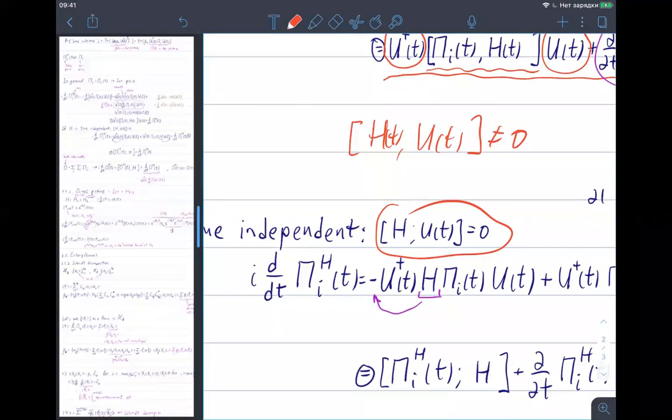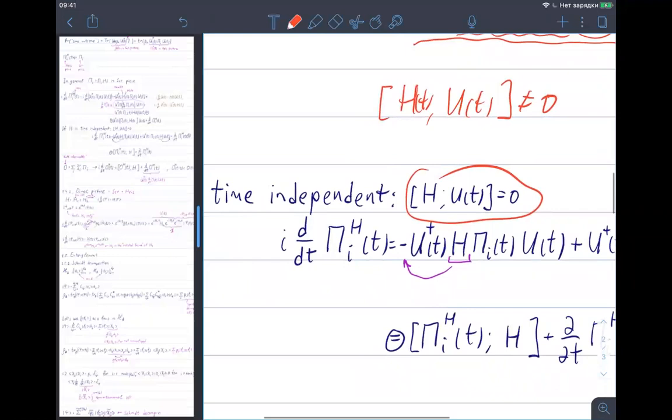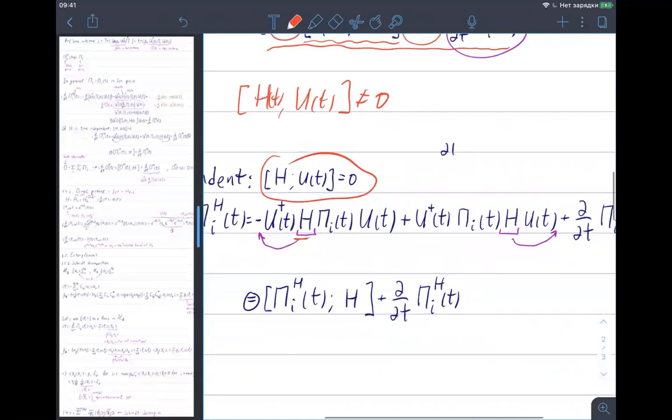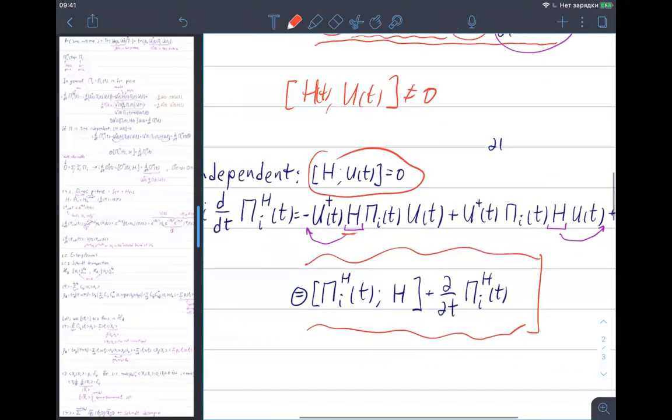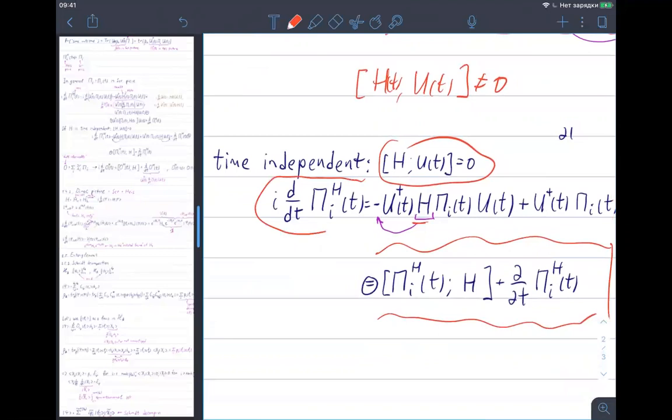In this case, we can move our Hamiltonian over these evolution operators in our two terms. Finally, we come to this very well-known expression for the derivative of our operator in the Heisenberg picture. So this is this commutator, and this term corresponds, again, to the partial derivative. This is what people usually think about when they speak about the Heisenberg picture.